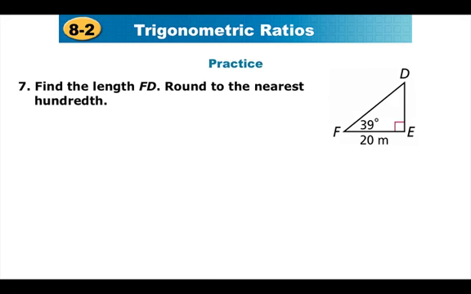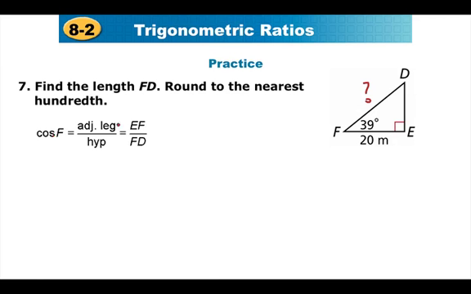Here's number 7. It says find the length FD, round to the nearest hundredth, same directions. So to find FD, which is this, your hypotenuse, I am going to use cosine. Why cosine? I know this reference angle, I know the side adjacent to it, and this is the hypotenuse. Adjacent, hypotenuse is cosine.